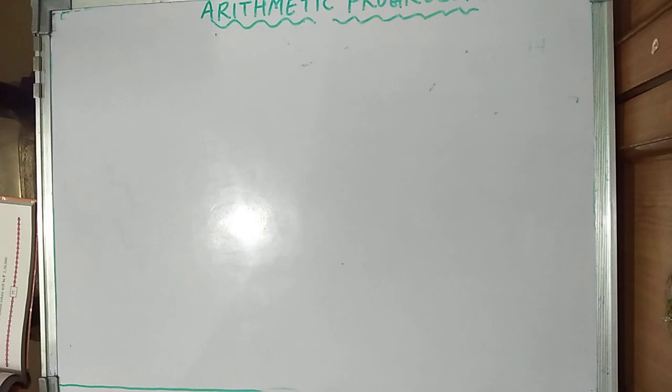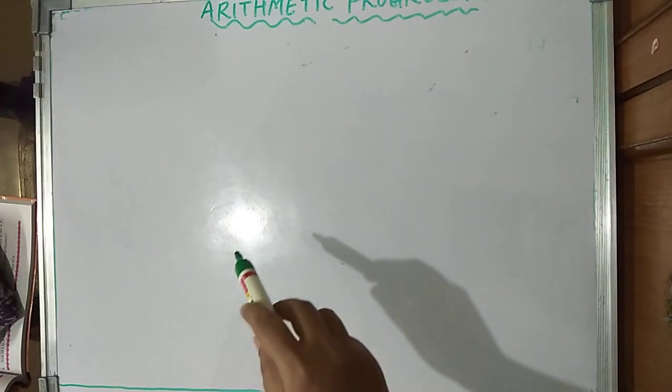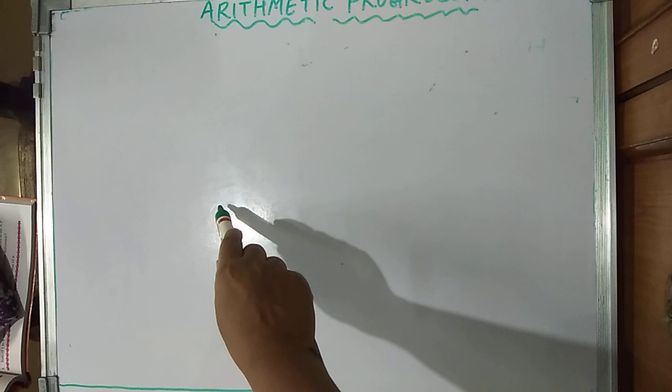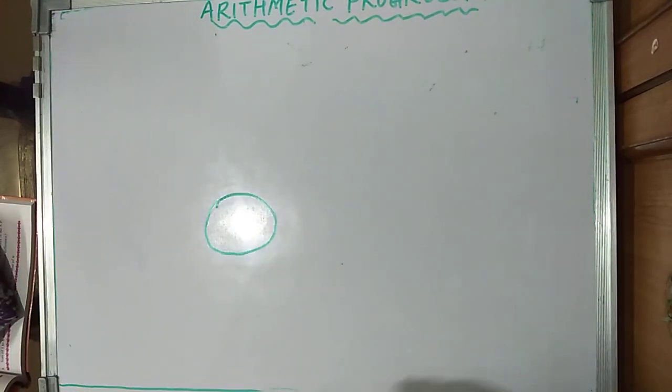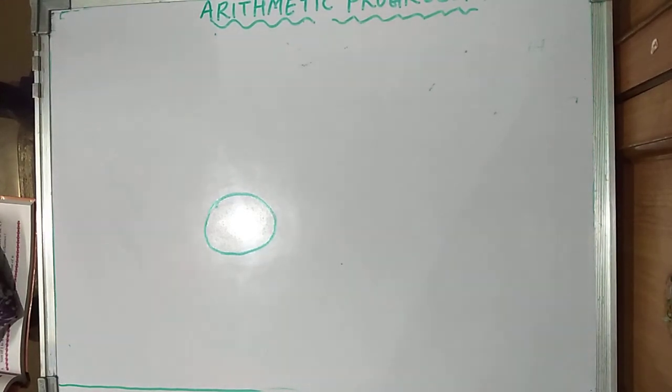Let's see the first sum. Exercise 3.4. If you are having the textbook with you, open your textbooks and see exercise 3.4. In exercise 3.4, the first sum says that a girl named Sanika decides to save some money.